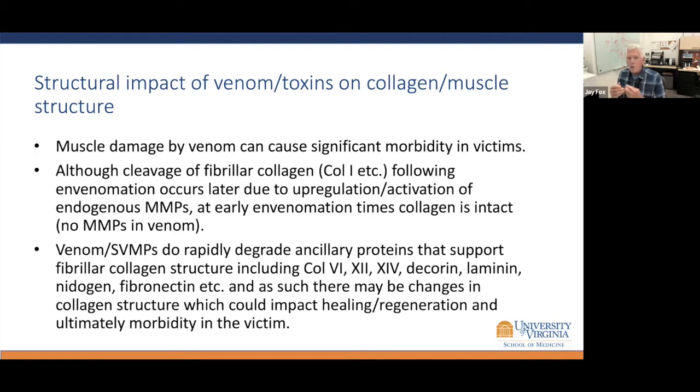And so what we postulate is that you may see a change of the fibrillar collagen structure that ultimately could give rise to issues associated with the healing and regeneration of that muscle tissue, and ultimately impact the morbidity of the muscle with regard to the victim.